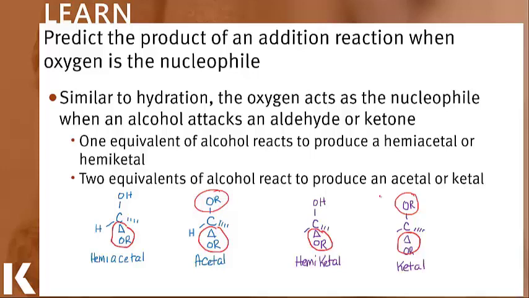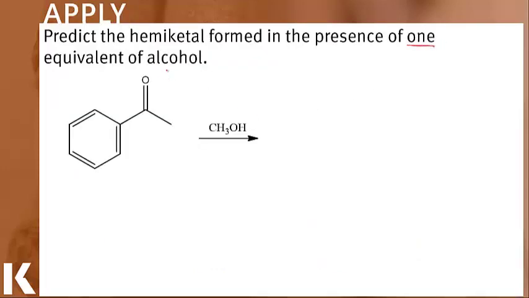Let's take a look at a couple of questions where we want to predict the product in the presence of one equivalent of alcohol. First, the oxygen from our ketone is going to come down and grab the hydrogen on the alcohol, allowing it to release from the alcohol. When this happens, we will end up with a hydrogen on our carbonyl oxygen, making this oxygen positive.